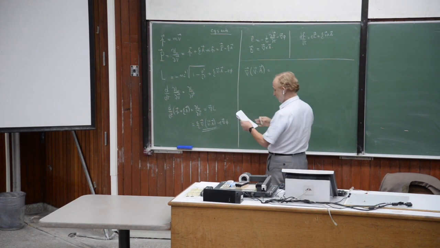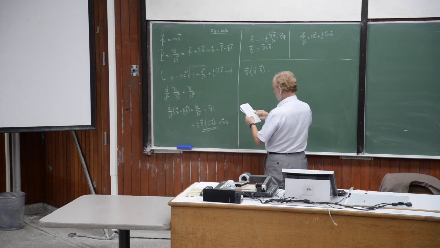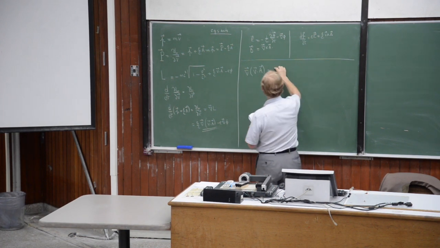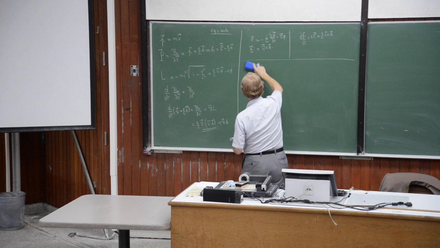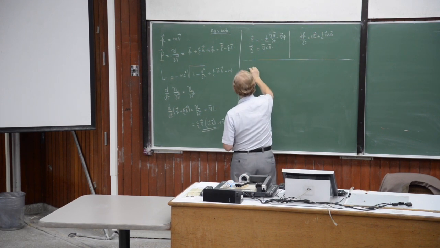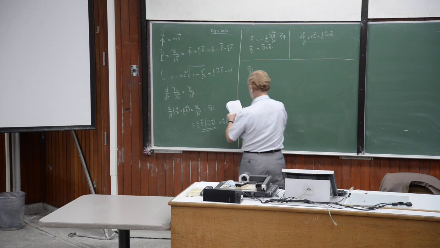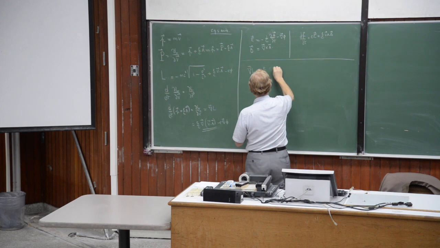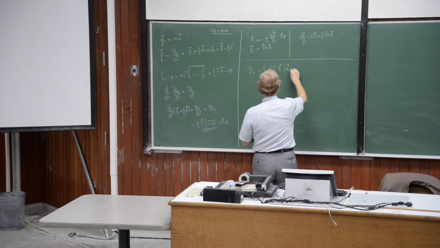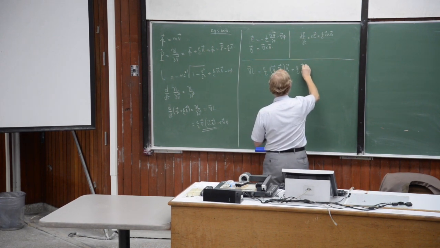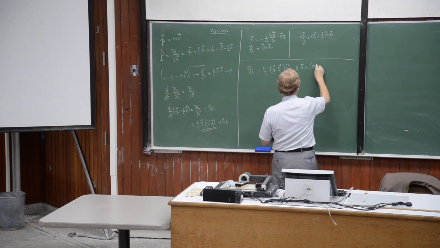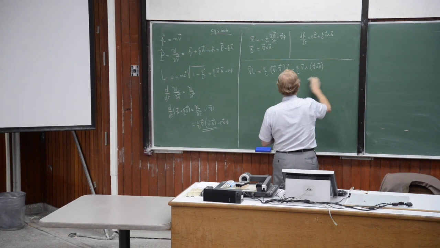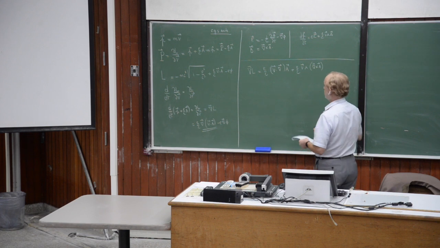So this thing simplifies, and the gradient of L will be equal to e over c, v into the gradient of A, plus e over c v cross curl of A. It's a vector calculus identity, that's all.